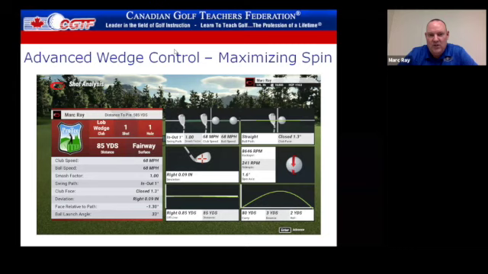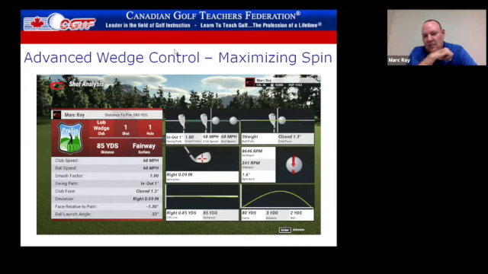These are two wedges I hit back to back, and neither one of them were too bad. The first one, the key number in this shot is for an 85-yard shot. You can see the RPMs of backspin was 86.46.